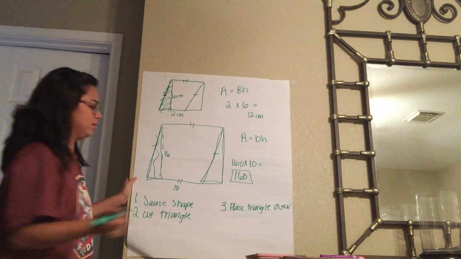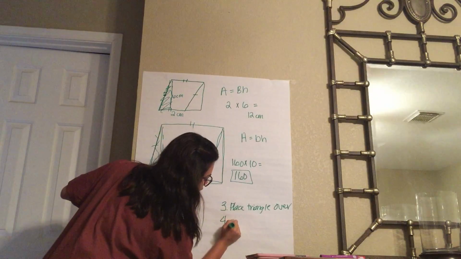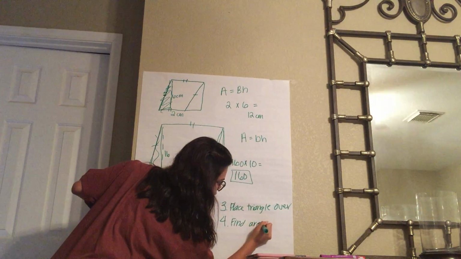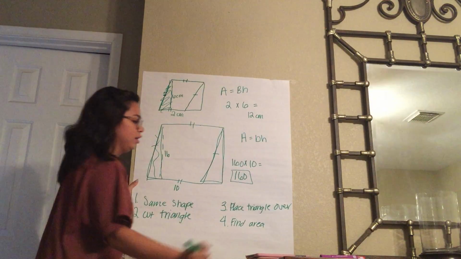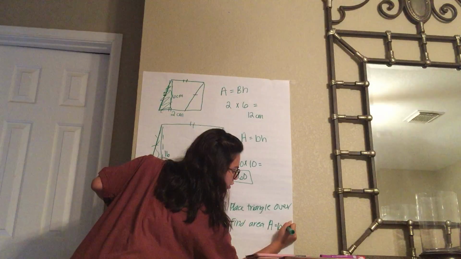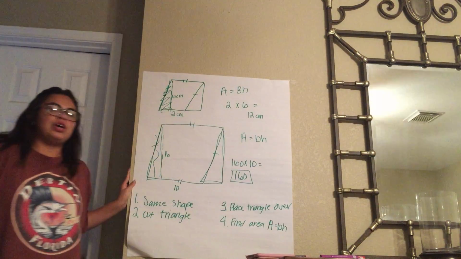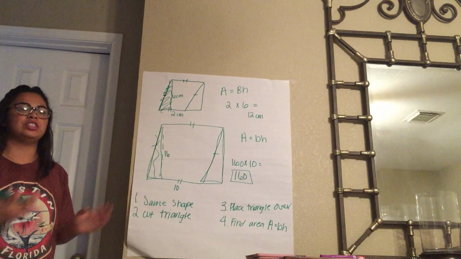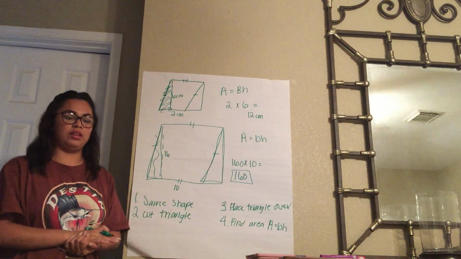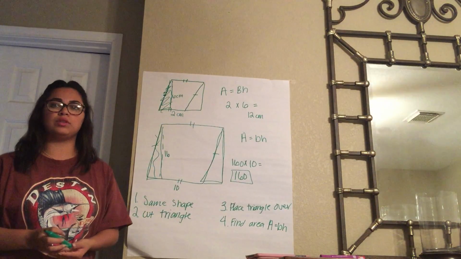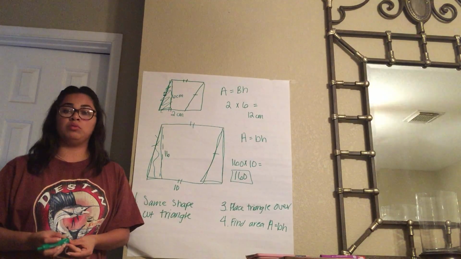And lastly, our fourth step is find area, which is area equals B times H. So now that we know how to understand parallelograms and their formulas, I think on our next test we'll have a few of those questions and we'll see how y'all do.